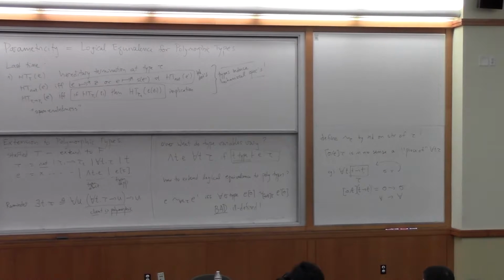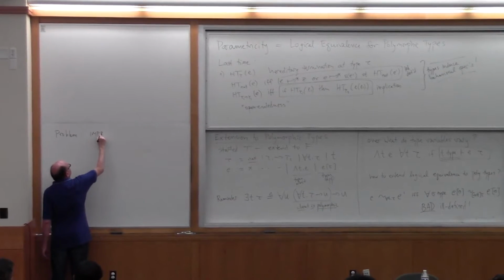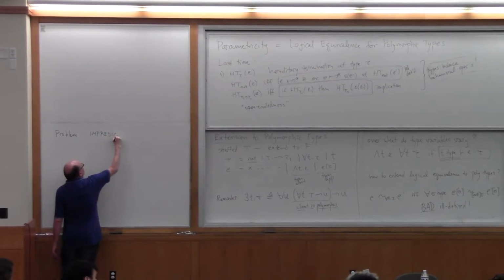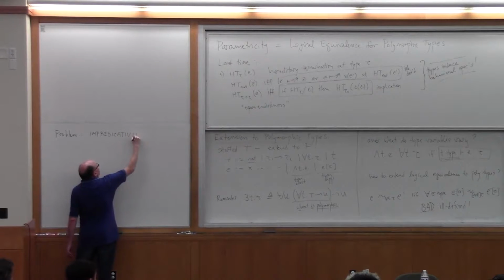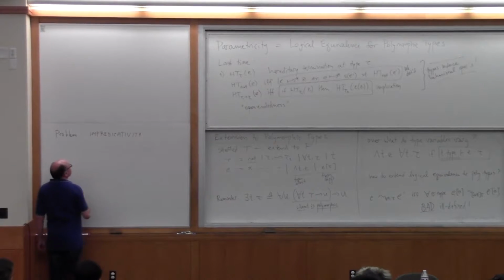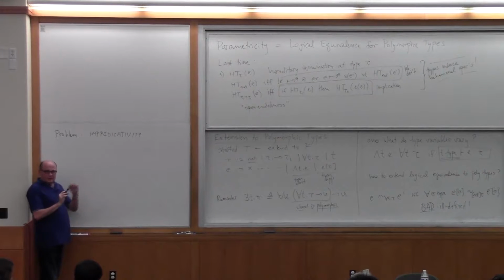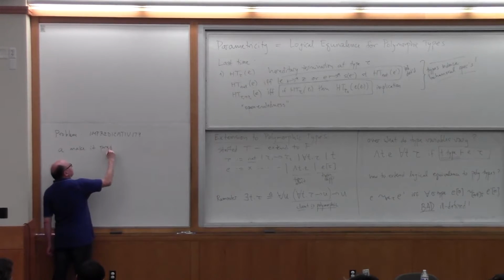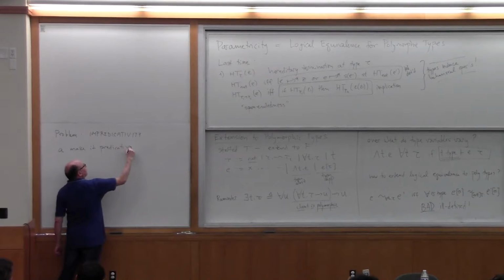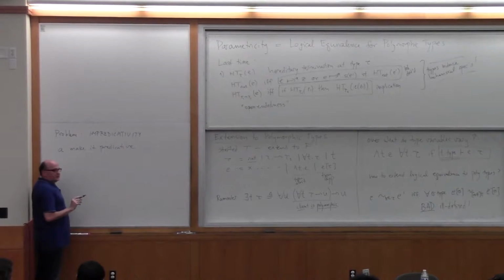The problem has a jargon name. It is what is called impredicativity. It's a jargon word that goes back to Russell and Whitehead. It's just the phenomenon I'm describing to you. There are two possible resolutions. One is to make it predicative. This is actually what Dan was doing this morning; he was showing you could get away with this to some extent.